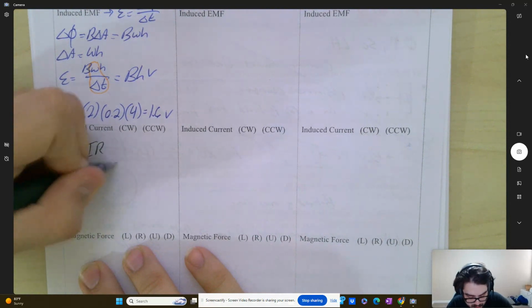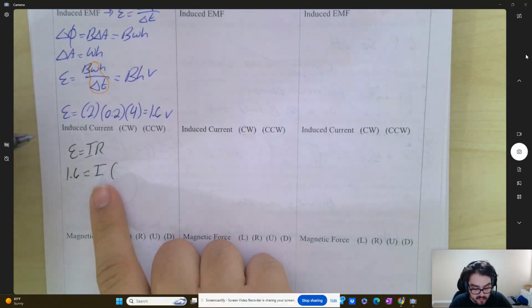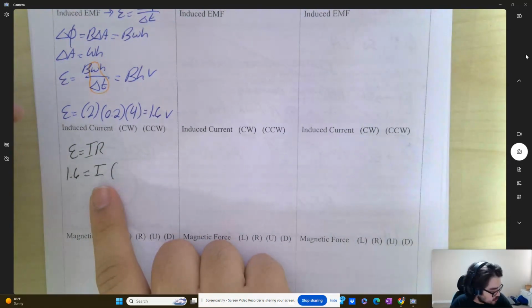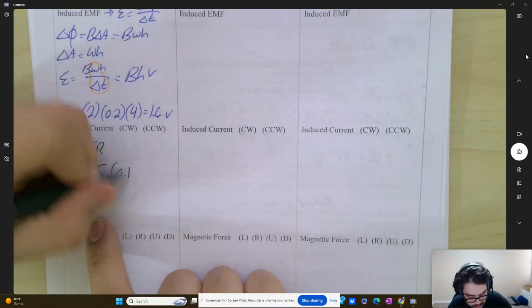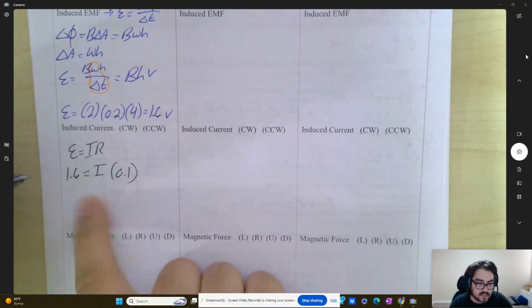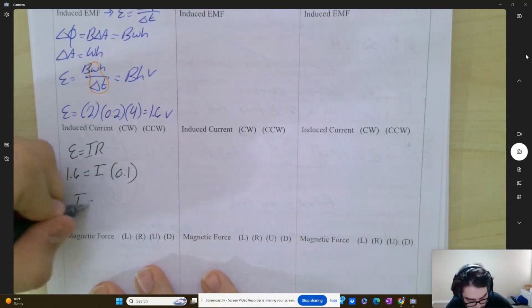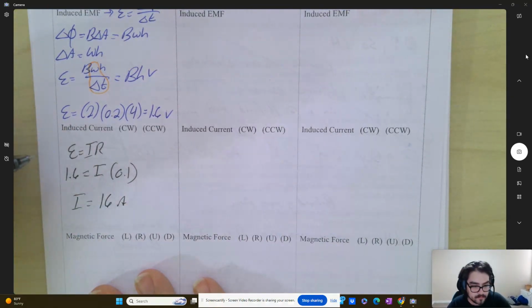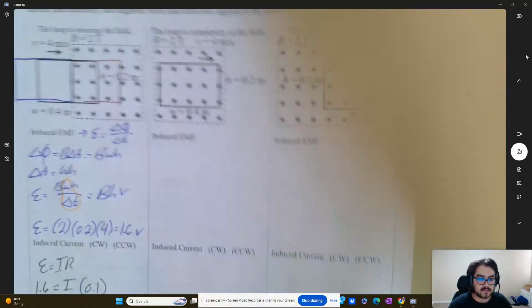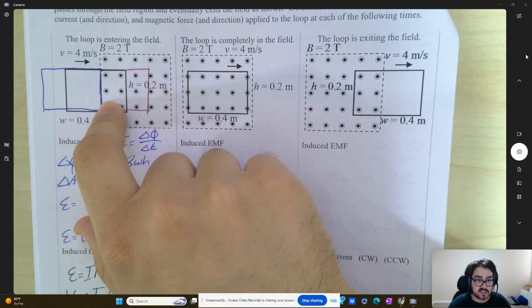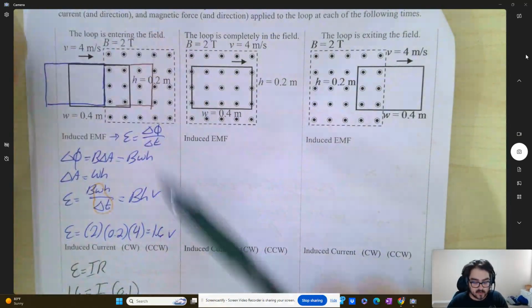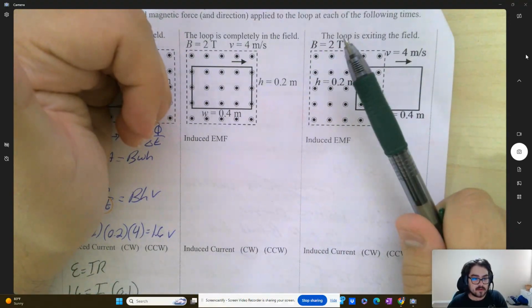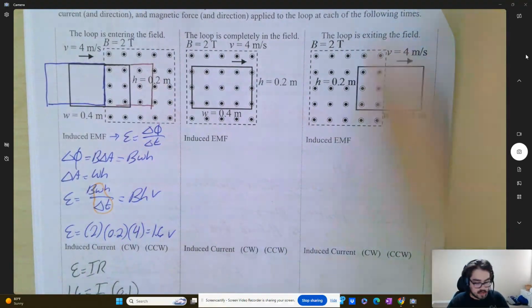We don't know the current yet, but we do know the resistance of the wire, which is given to us as 0.1 ohms. Divide by 0.1 on both sides, you get current I is equal to 16 amps. Now, to figure out the direction, as we're entering the field, our flux is increasing, so we have to use our left hand, and it's going out of the page. So as we go, you're going to see that it's going to go clockwise.